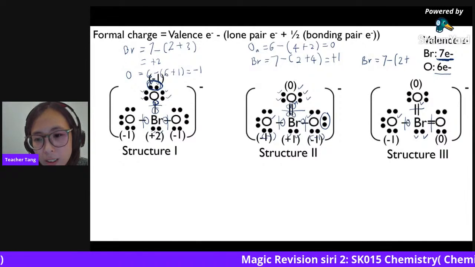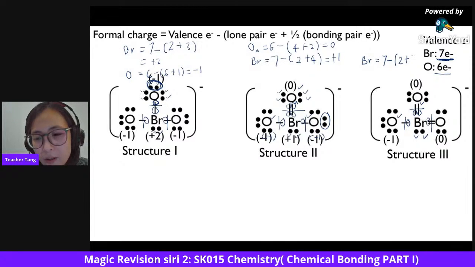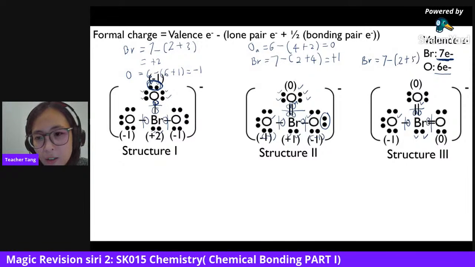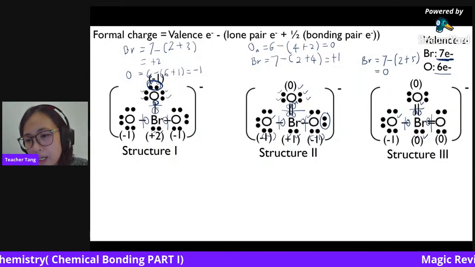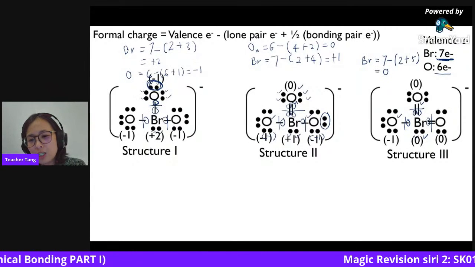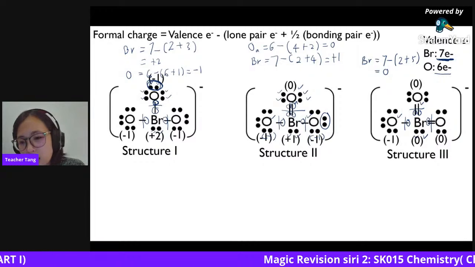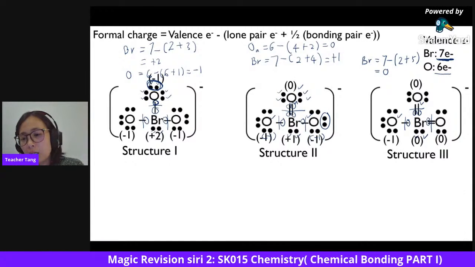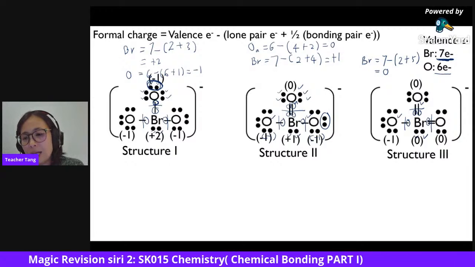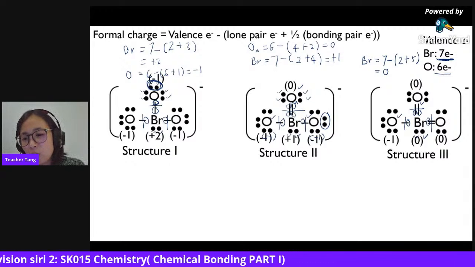That is 1, 2, 3, 4, 5. So 5. Can you see that by forming 2 double bonds, the bromine has 0 formal charge? So in structure 3, can you see that the formal charges on the atoms are the lowest possible?